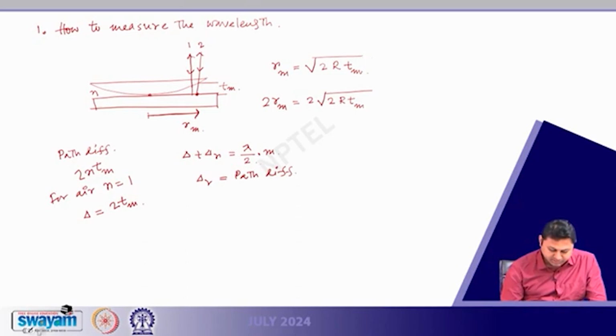Now, this condition is the multiple of lambda by 2. Let me first find out what is the path difference of delta r.